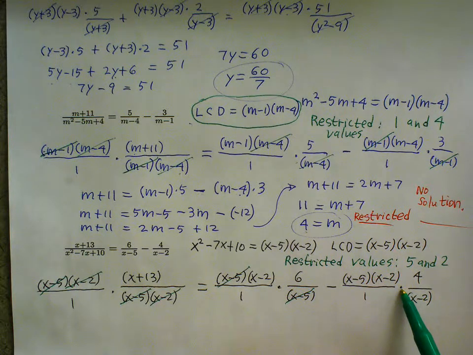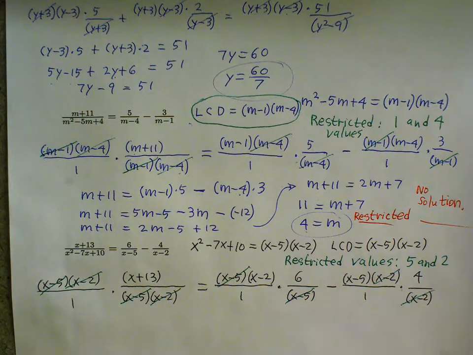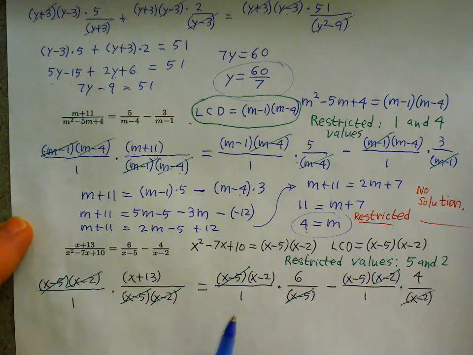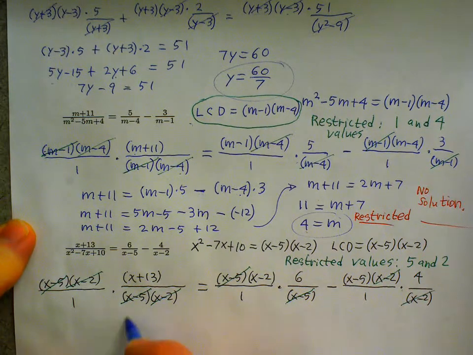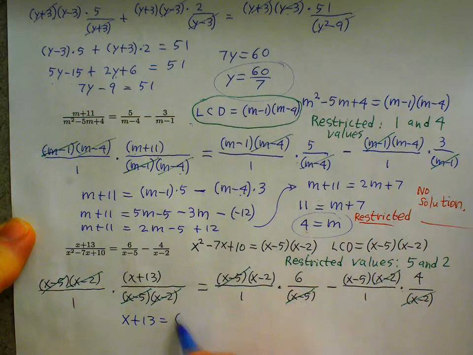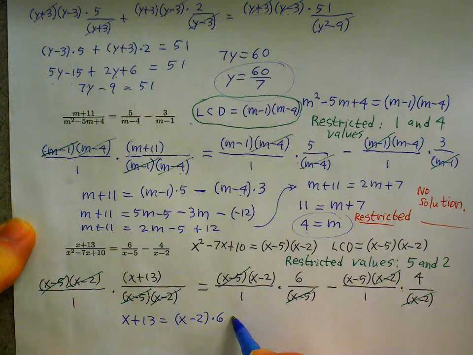And then in the product on the right, x minus 2 from the numerator cancels with x minus 2 from the denominator. Okay, in the next step, we get x plus 13 equals (x minus 2) times 6, and then minus (x minus 5) times 4.